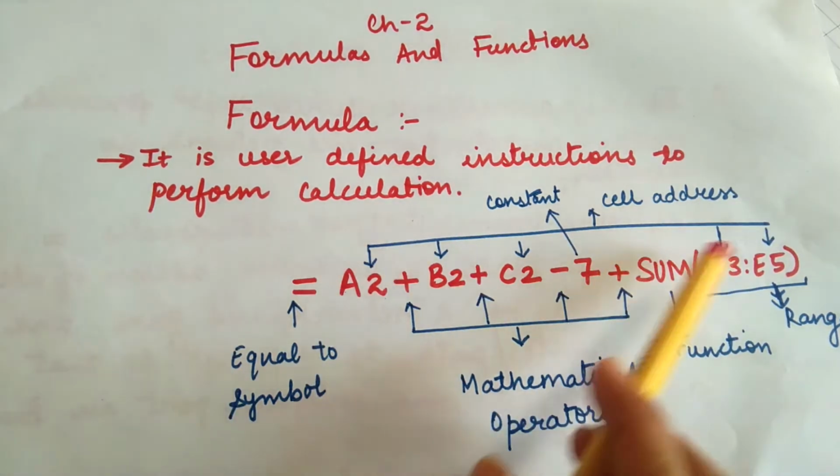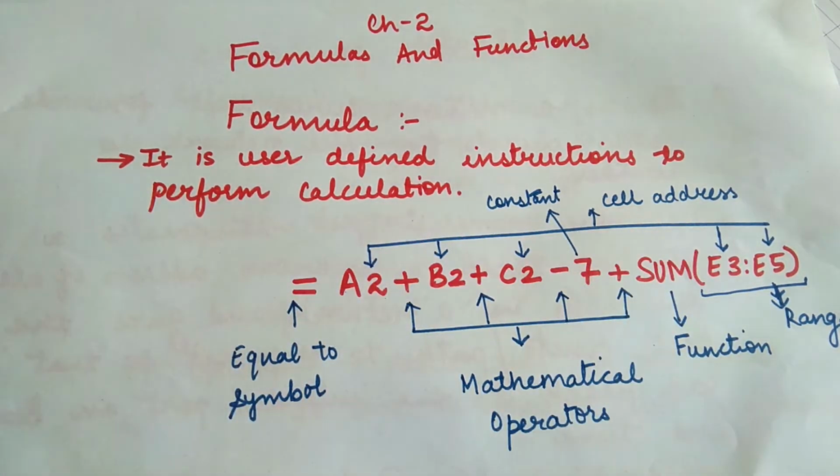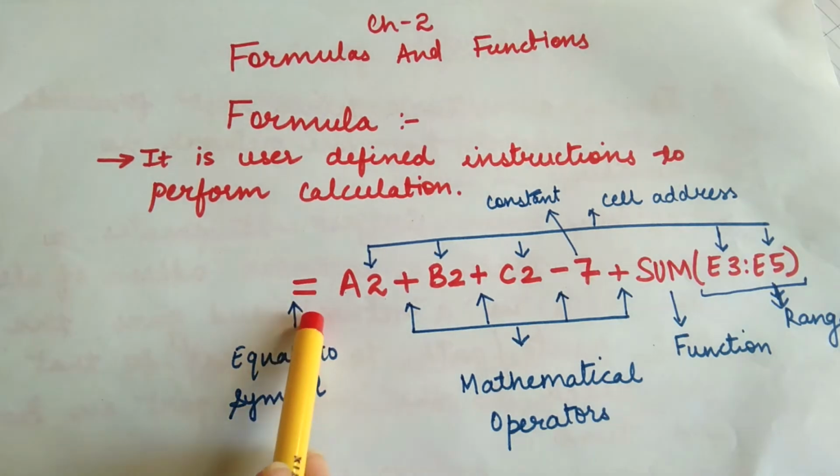Let's learn what the formula consists of. Remember one thing, a formula must begin with the equal to sign. Any formula that you define as an instruction to perform calculation always starts with the equal to symbol.